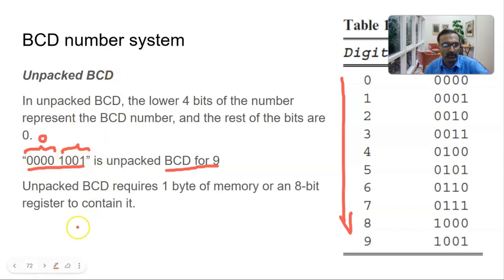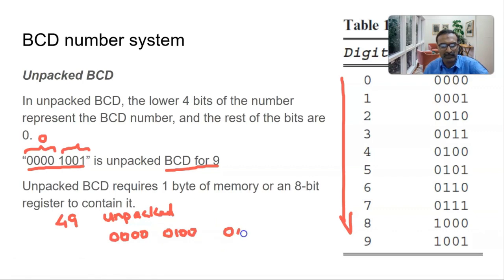So 49, how will you write it in unpacked form? You write 0, 0, 0, 0, then 4, that is 0, 1, 0, 0. Then 0, 0, 0, 0, and 9 is 1, 0, 0, 1. So this is the unpacked form. In total, you can find 16 bits.